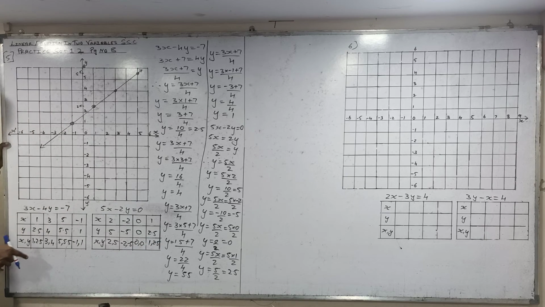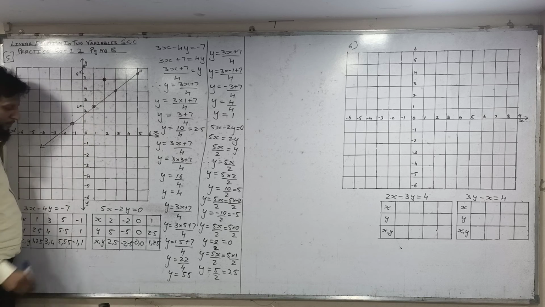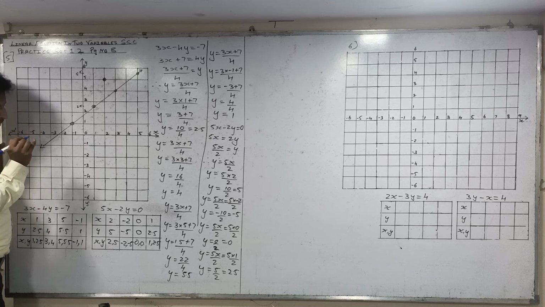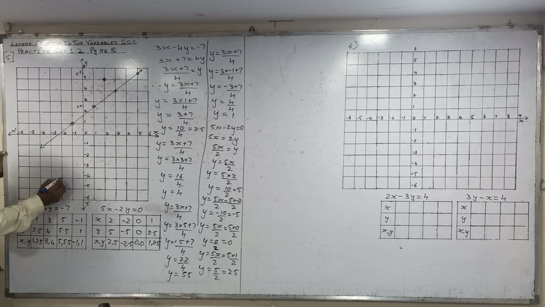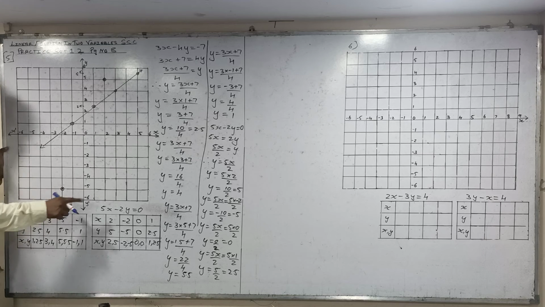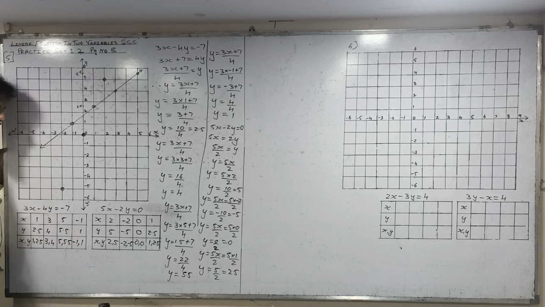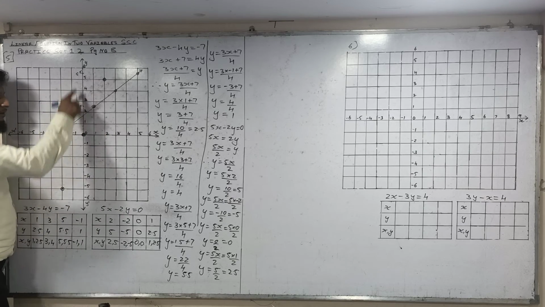Now plot the point 2 and 5. X value 2, y value 5. So this is the point. X value minus 2, here minus 2, and y value minus 5. Here the point will come. Okay, x value minus 2, y value minus 5. 0 and 0. So center is the point 0 and 0. So x value 0, y value 0.